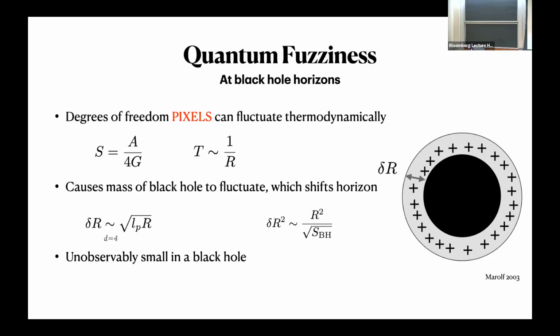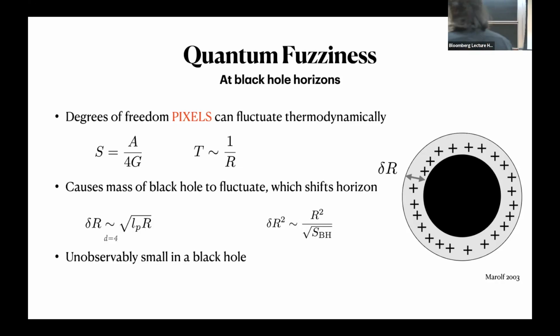You should think about this like in the canonical ensemble. If these bits are all allowed to fluctuate with a temperature of this size, this means that there will be thermodynamic fluctuations, and those thermodynamic fluctuations will change the effective mass of the black hole.